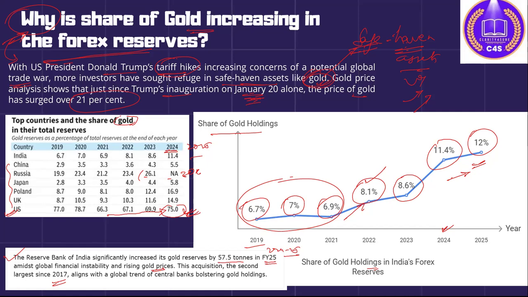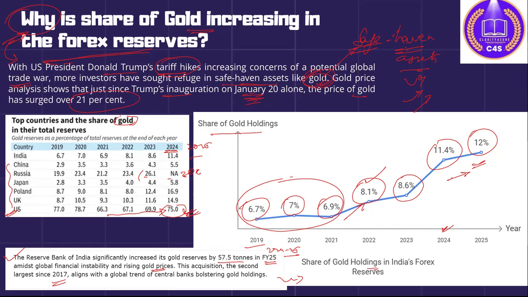It means other central banks of different countries are also seeking to increase the gold reserve in their central banks. So other major countries are also increasing, and we are aligning with them in order to keep a safe asset in our country, because gold is easily liquidable.